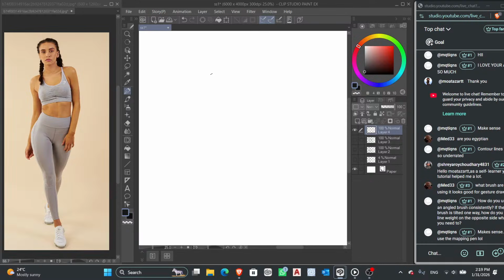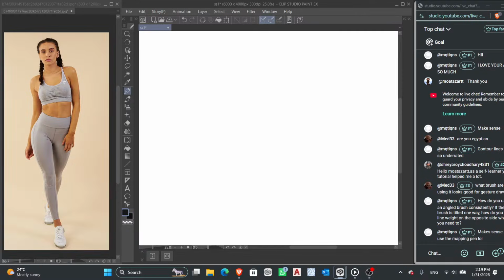both, because actually there are people that go for a gesture, and then after the gesture they go for the construction, which is mannequinizing the human figure, and then after that they add the anatomy. I like to combine the gesture stage and the construction stage.